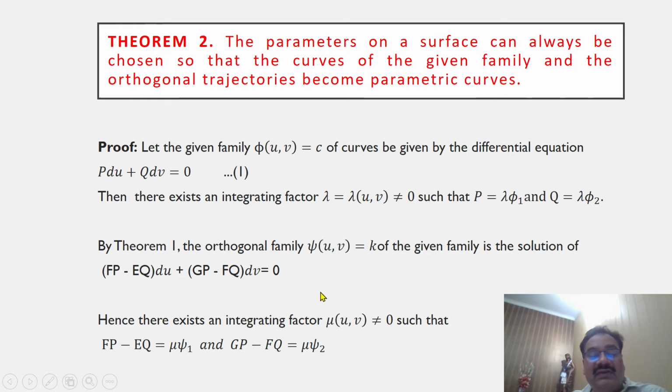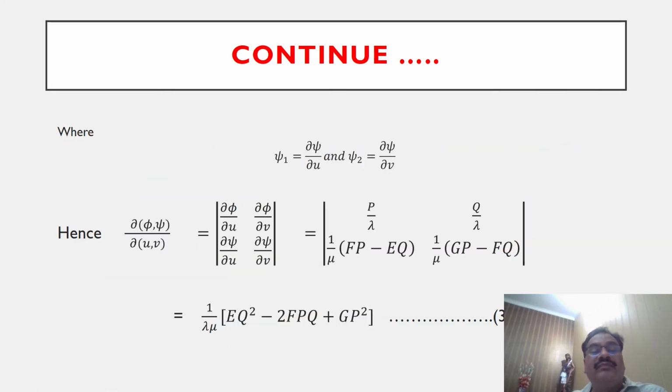Hence, there exists a non-zero integrating factor mu(u,v) such that FP - EQ = mu xi1 and GP - FQ = mu xi2, where xi1 = del xi over del u and xi2 = del xi over del v.